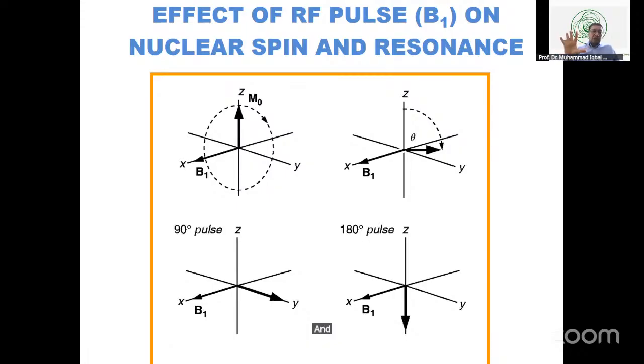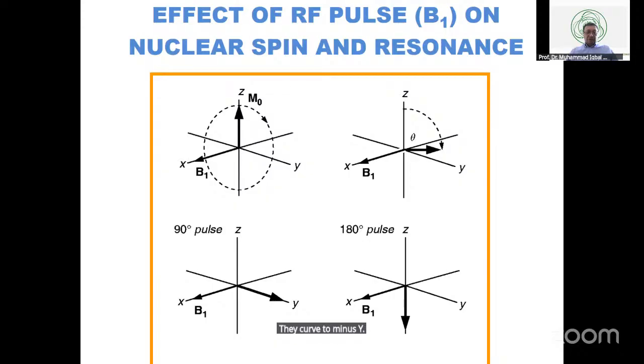My colleagues will explain to you pulses a bit more, and then they will explain to you how this M naught can be moved. So if you are giving it from x, they move in this direction, meaning y. If you are giving this radio frequency pulse from the minus x direction, they come to minus y.